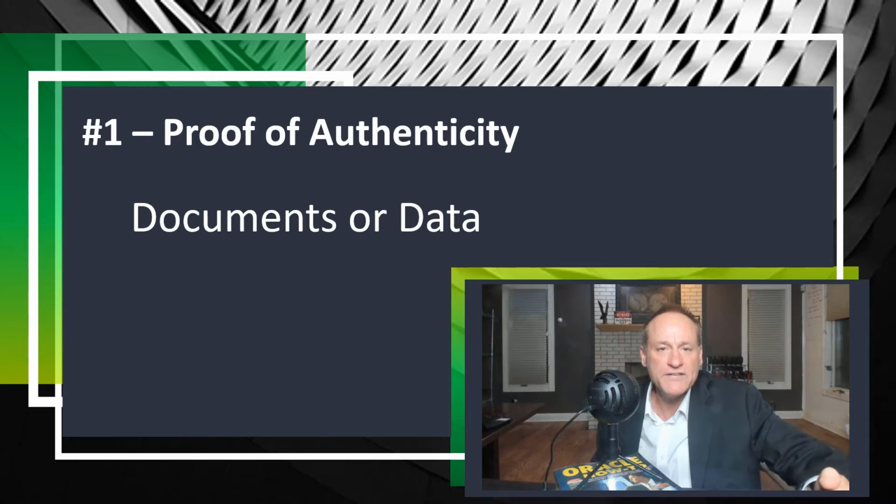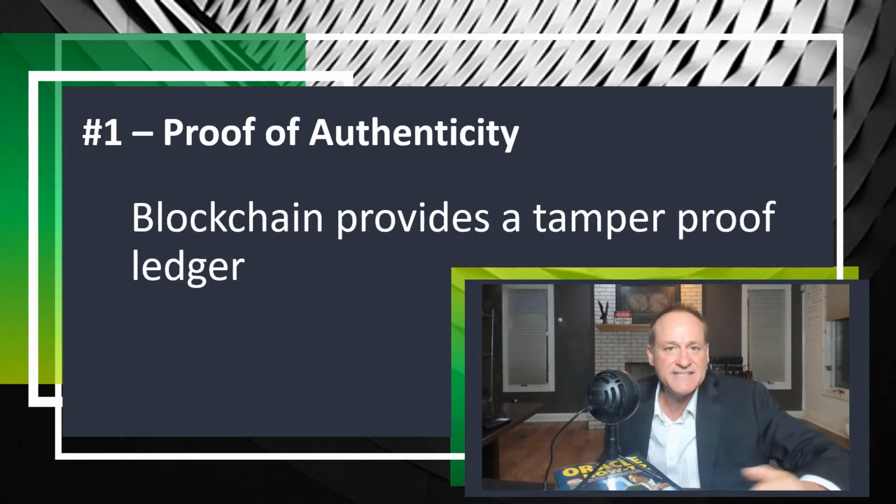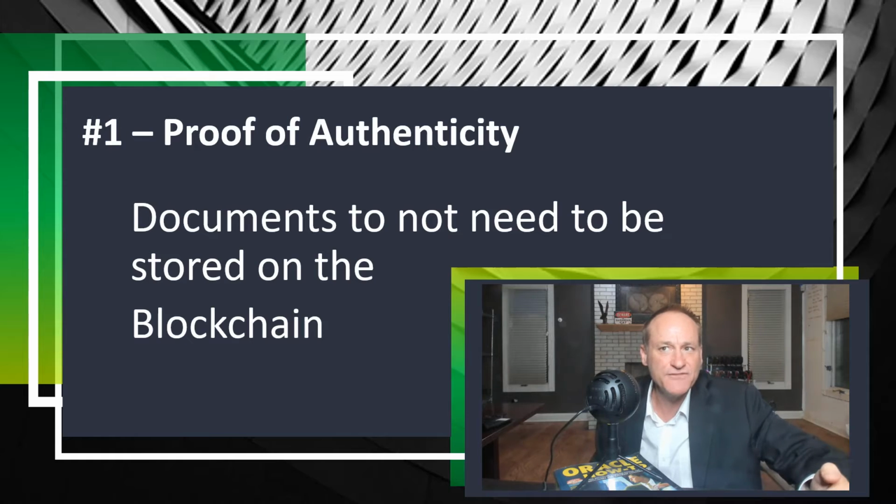One of the things we talk about in other videos is cryptographic hashing, and that's taking a fingerprint of a document or of a data set so that you know that that document or data set hasn't been tampered with. So the blockchain provides this tamper-proof ledger, and we have these hashes that prove the document is authentic, so the documents themselves don't need to be stored on the blockchain.